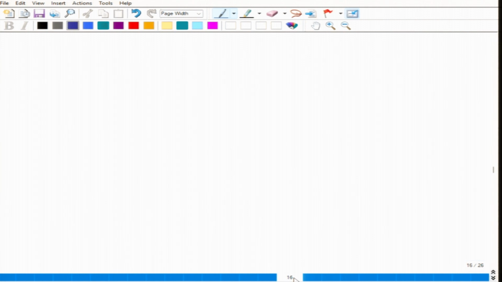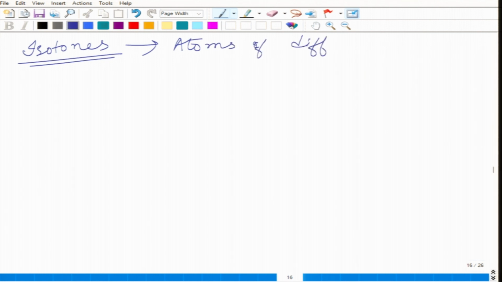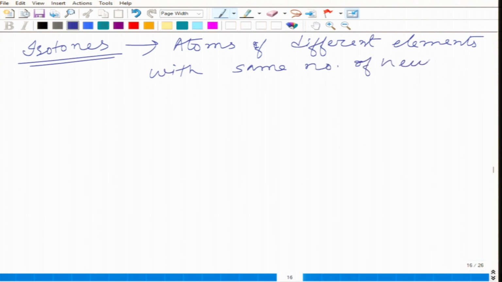The next is isotones. What are isotones? I think by now you can guess that isotones are atoms of different elements with the same number of neutrons.